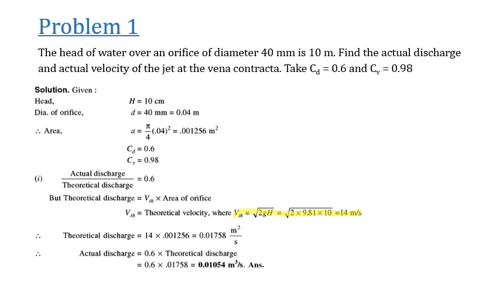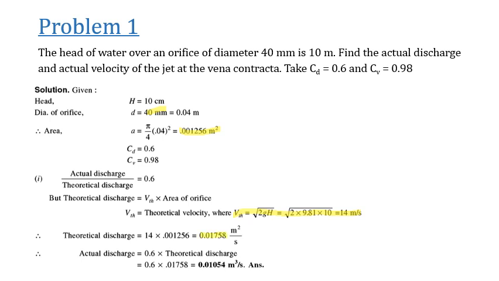So theoretical discharge is area into velocity. So diameter was 40 millimeter, and we can get this area by pi by 4 d square. And we also have to convert it to meter square. So theoretical discharge is here.